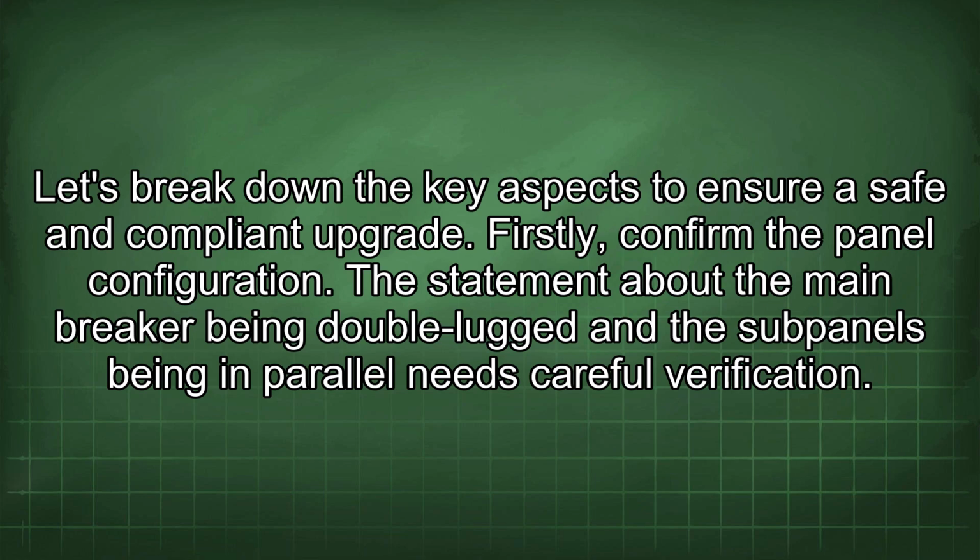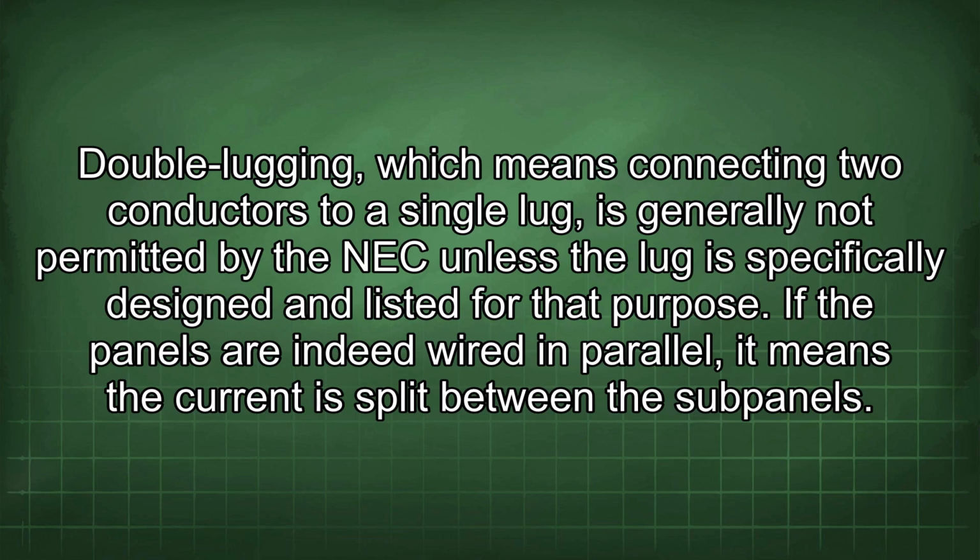Firstly, confirm the panel configuration. The statement about the main breaker being double lugged and the subpanels being in parallel needs careful verification. Double lugging, which means connecting two conductors to a single lug, is generally not permitted by the NEC unless the lug is specifically designed and listed for that purpose. If the panels are indeed wired in parallel, it means the current is split between the subpanels.